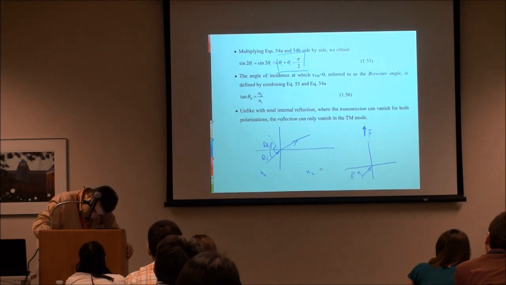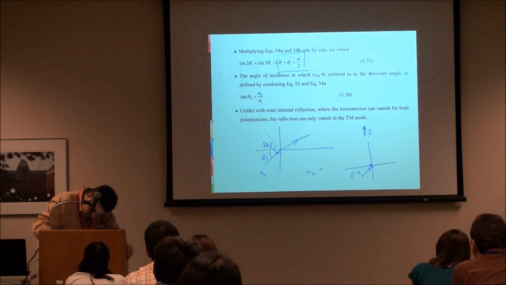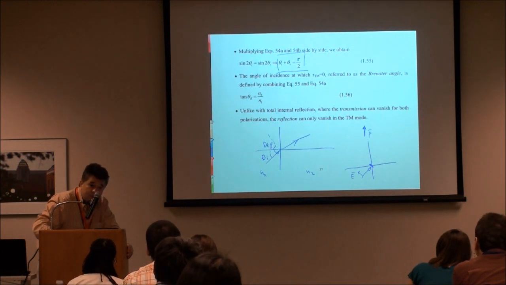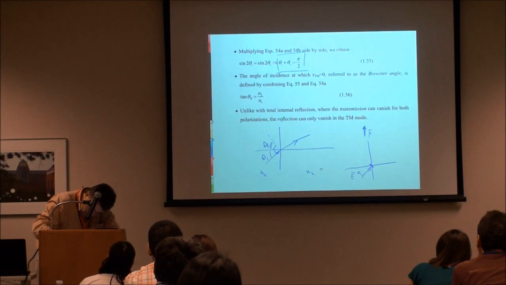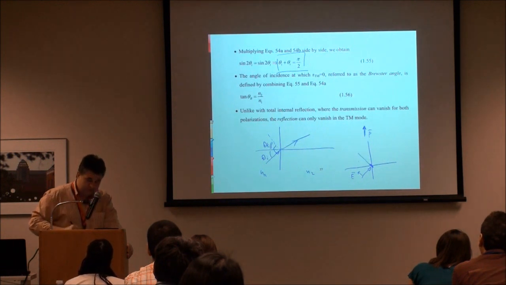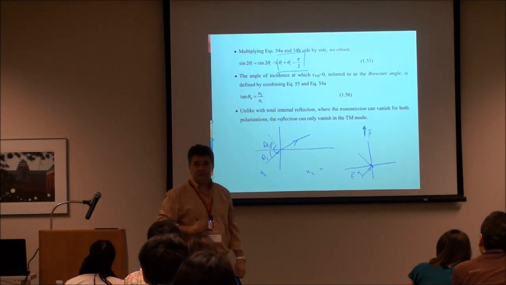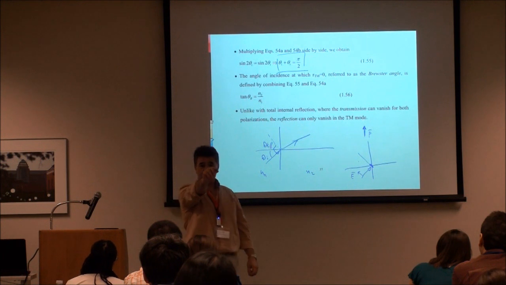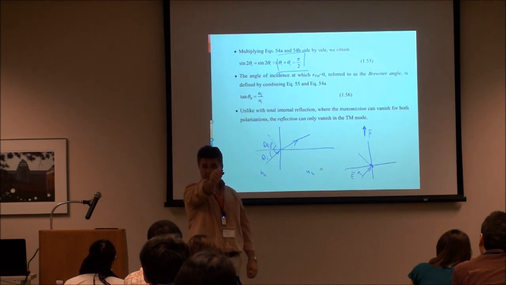And basically it's going to shake the atoms in this material along the direction of the electric field. So now, if this dipole is exactly parallel to the direction where the reflected light is supposed to come out, I'm going to be looking at the dipole along this direction. You'll get zero.